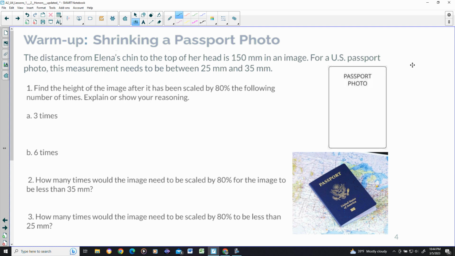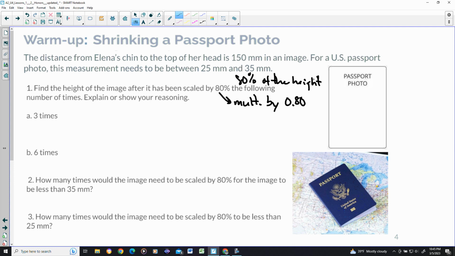So when we say 80%, we're going to multiply by 0.80 because we're finding 80% of the height. That's what we mean by scaling, and you're going to hear scaling a lot in this unit.